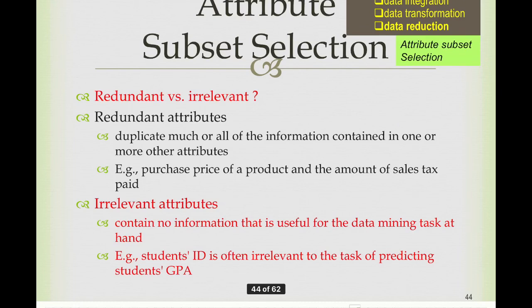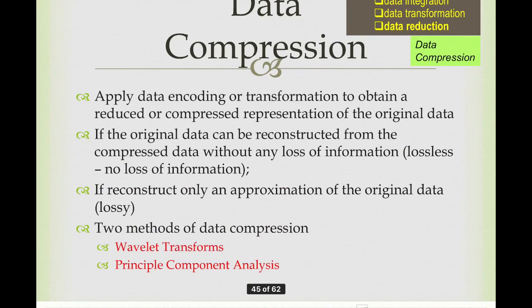So it is irrelevant. Things that are relevant, possibly your test, for example, and then your hours of study, and then your marks of assignment, and then your previous CGPA, for example. But names or ID will not give any change to your student GPA.